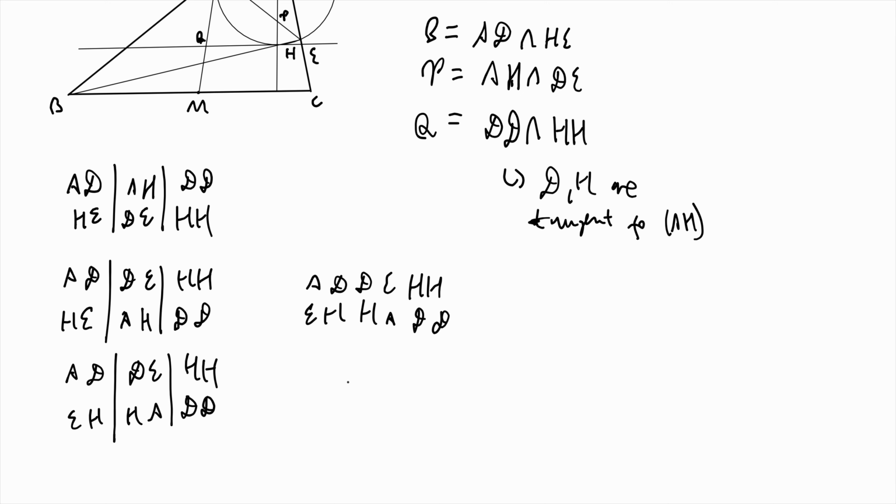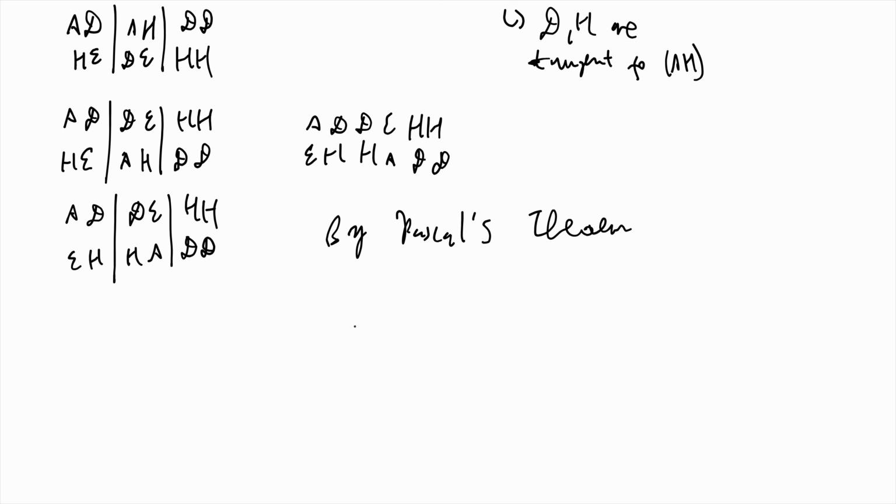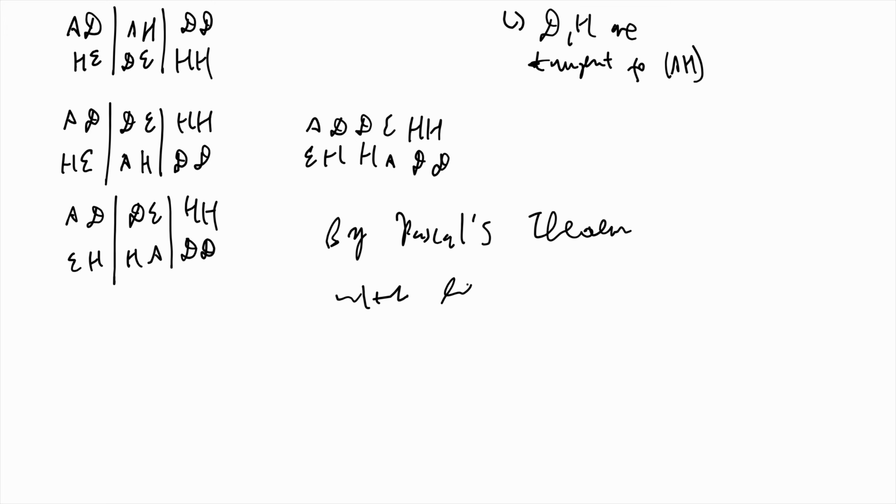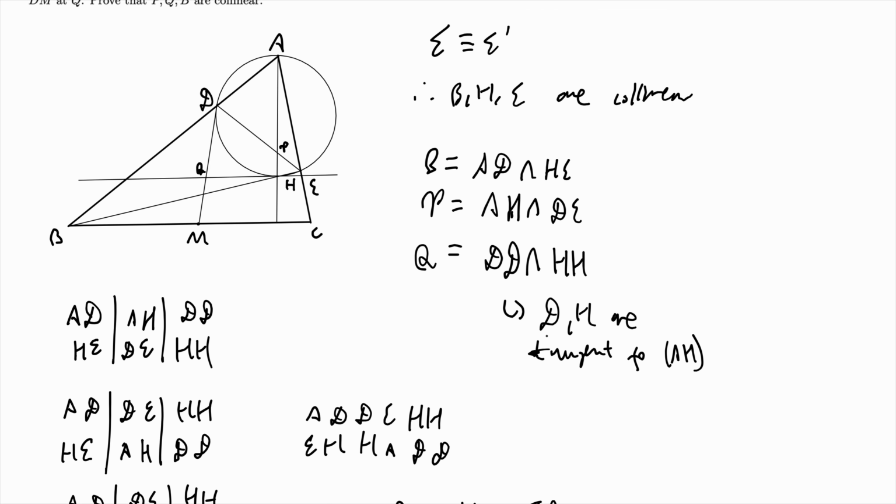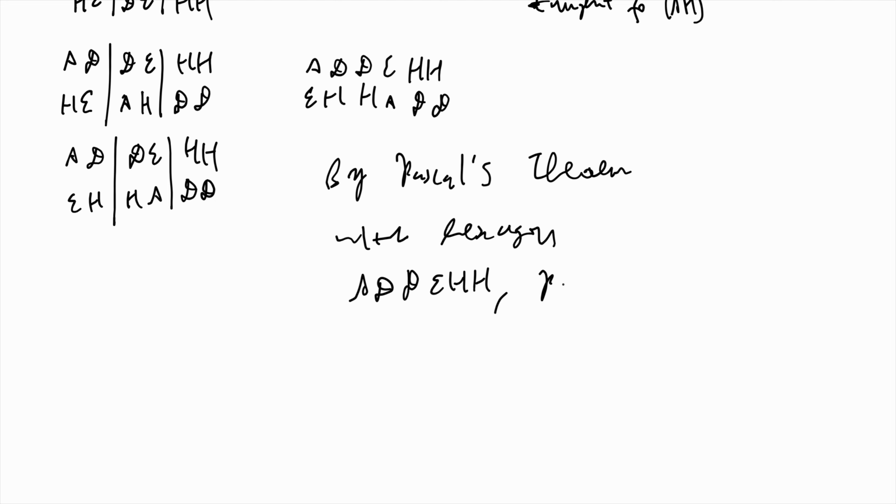So by Pascal's theorem, with hexagon A, D, D, E, H, H, P, Q, B are collinear. Yeah, and that completes our proof.